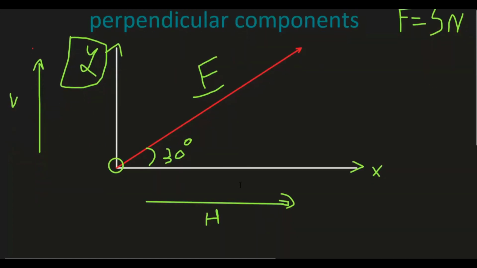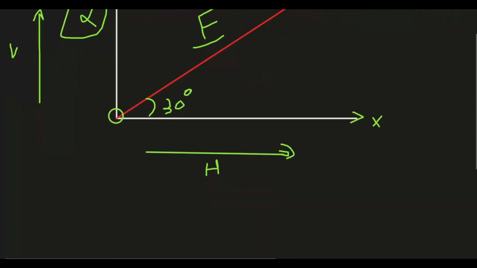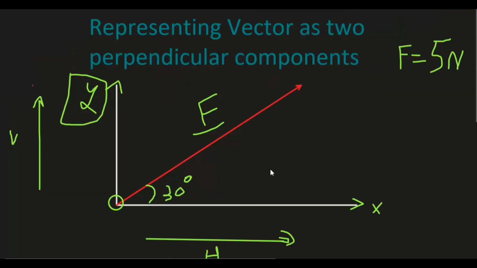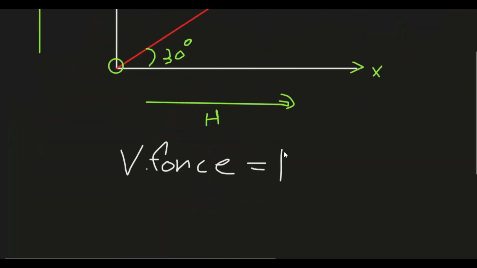So how do we find this? If we want to find this, suppose the vertical force or the horizontal force, well, it's pretty easy. For the vertical force, we can say that the vertical force is F sine 30 degree. If this is the degree, I'll talk to you about why it's sine 30 degree as well. Just bear with me now.